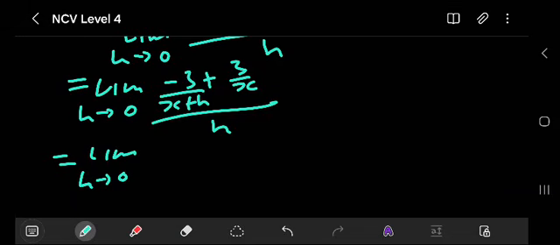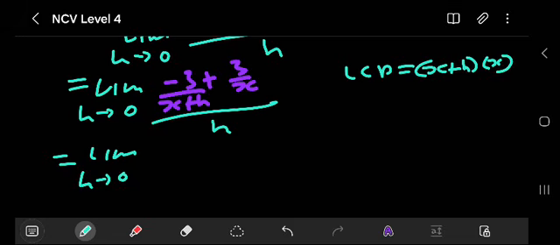Then we still have the equal sign, limit h tends to 0. Then we know this is a fraction, guys. We must have an LCD, isn't it? The denominators must be the same, so you can cross multiply. At the top you multiply by x, at the bottom you multiply by x, also here you multiply by x plus h. Our LCD, lowest common denominator, will be x plus h multiplied by x.